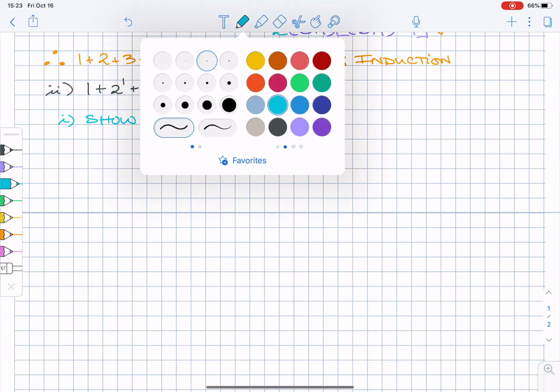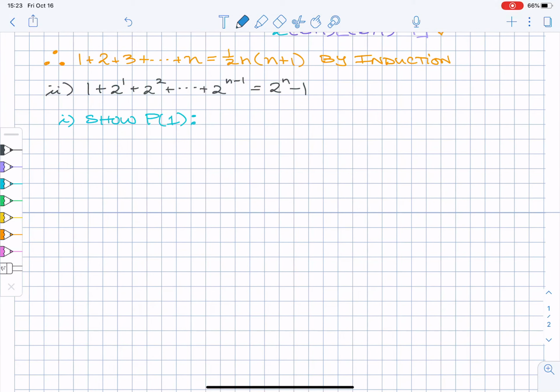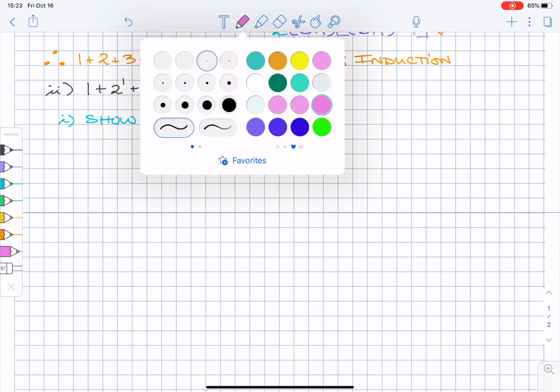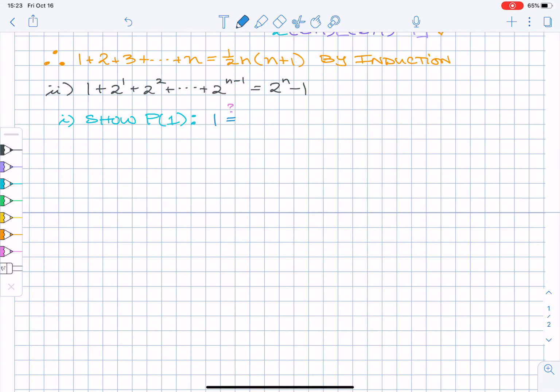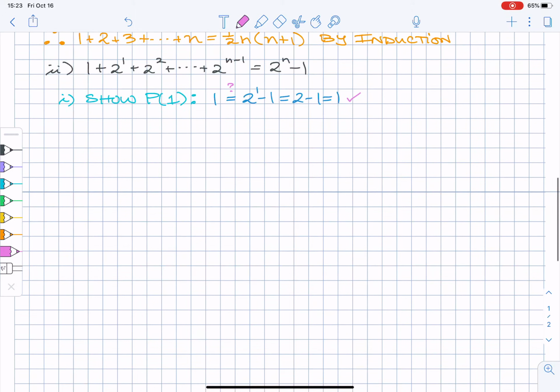So what is p of 1? Well, we're going to the 1 minus 1, which would be 0. So 1, is that equal to 2 to the 1 minus 1, which is 2 minus 1, which is 1? Yes, it is. Check mark. So the first step holds.